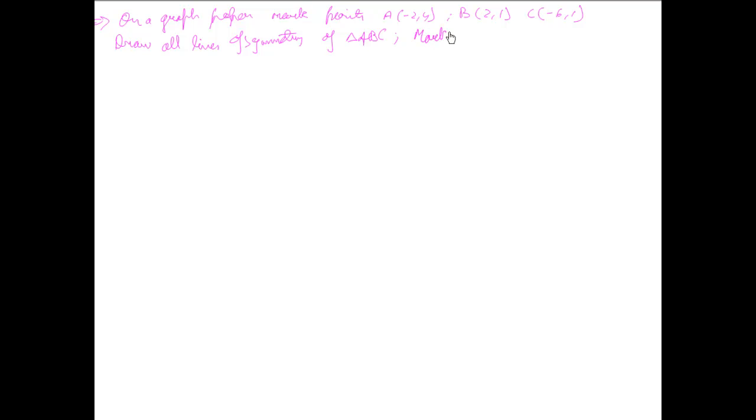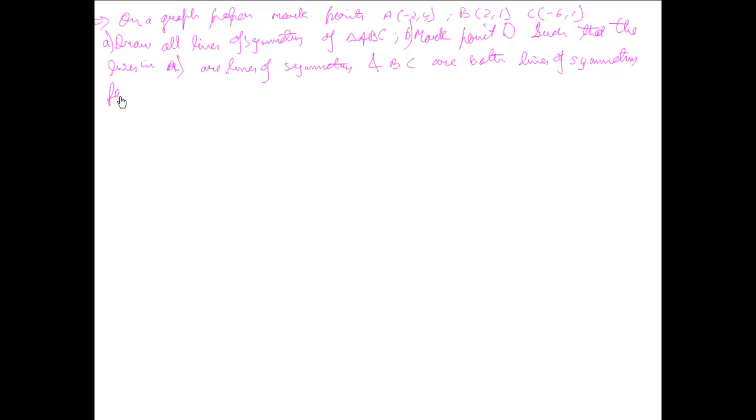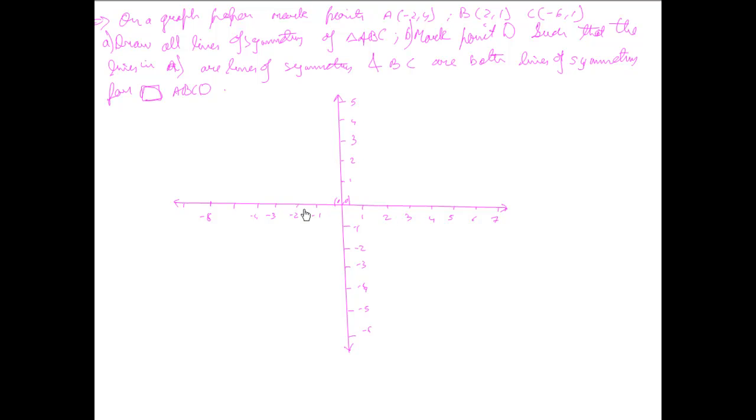Mark a point D such that the line of symmetry in triangle ABC and BC are both lines of symmetry for quadrilateral ABCD. So children, the question says A has coordinates negative 2, 4.